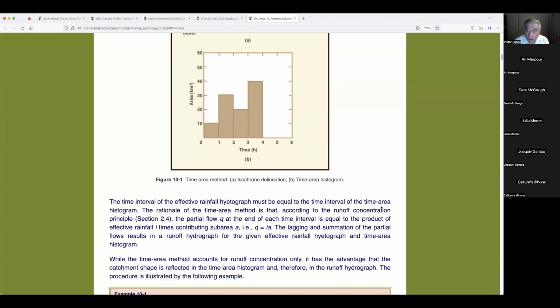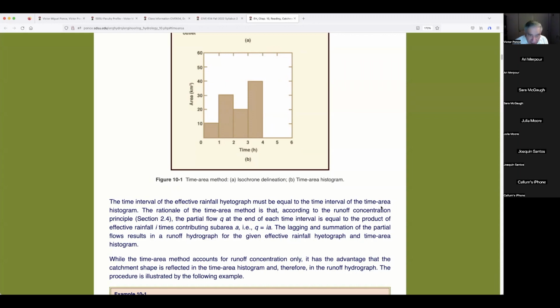It's actually numerical convolution, because a convolution actually comes from an integral and so forth. It doesn't have to be numerical; it could be analytic too. So both time intervals have to be equal: the time interval of the time-area histogram and the time interval of the effective rainfall hydrograph.